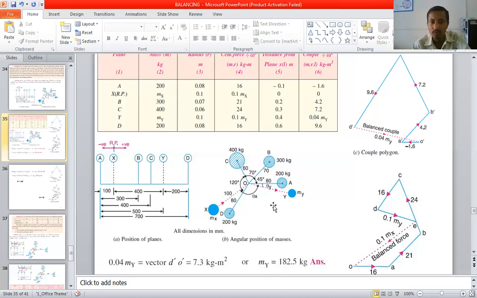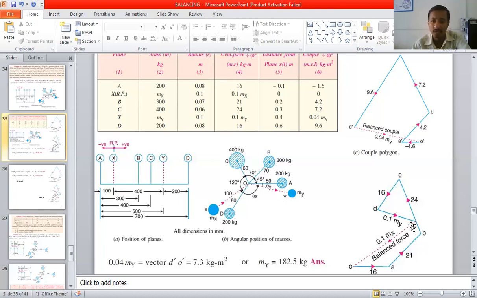0.1 MY means we substitute the value of MY, so we will get these values. Draw the same value here. After that it did not close here; actually it does not touch here, don't get confused here. So here it is not touching. So again, the points E and O, if it is not closed and balanced, then we need to close it. After closing, whatever mass is required, we need to apply externally so that the system will get balanced.